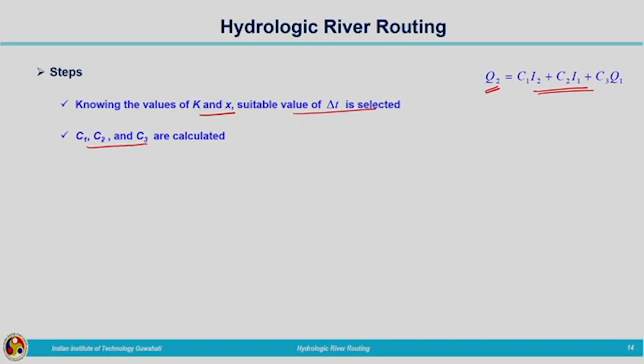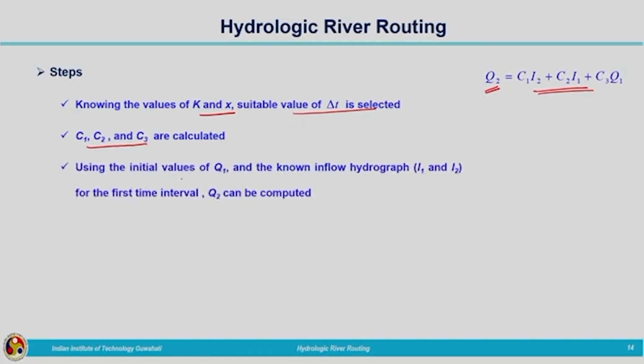Once C1, C2, C3 are calculated, using the initial value of Q1 and the known inflow hydrograph I1 and I2 for the first time interval, Q2 can be calculated. Look at this equation: we have already computed in the first step the values of C1, C2, C3. We know I2 and I1 from the inflow hydrograph. Q1 is known to us based on the initial conditions. At time t equal to 0, what is the value of Q?